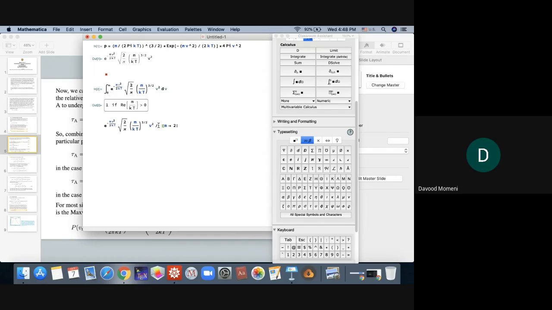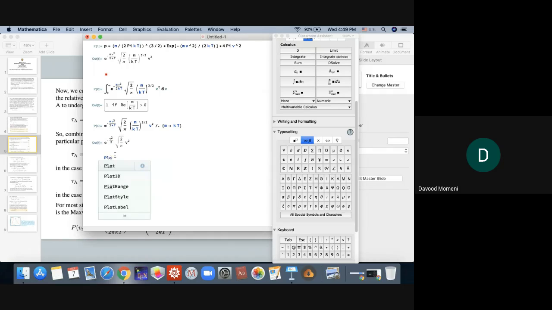Let me substitute m by kT, for example, just for a fixed temperature, and then plot the function.